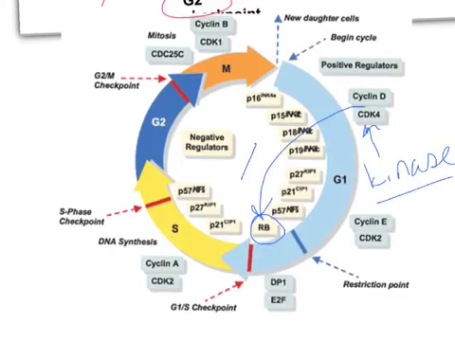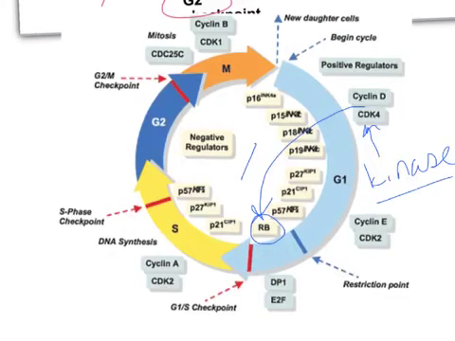Those and RB are what we call tumor suppressors. Why are they called tumor suppressors? Why aren't they called negative regulators? Because if they let the cell pass, then tumors occur. That's how they were originally found, in cancer tumors.